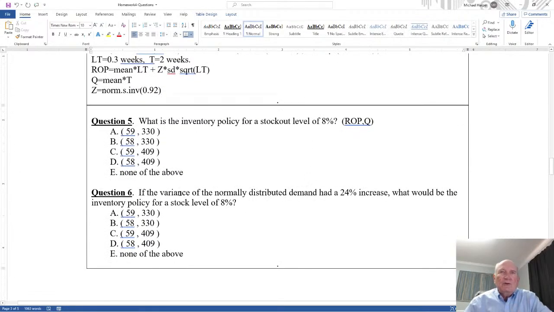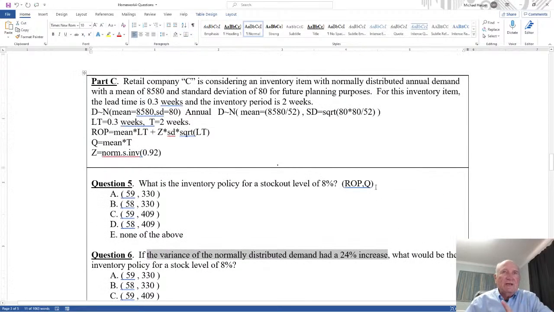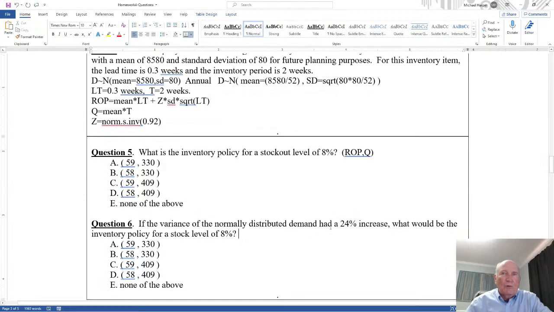Oh, now if the variance of the normally distributed demand is increased by 24%, then one thing changes, and that is the standard deviation. So this means the Q doesn't change, but the ROP will change. The only thing that will change is that number. So what will that number be? Well, let's just do it down here.